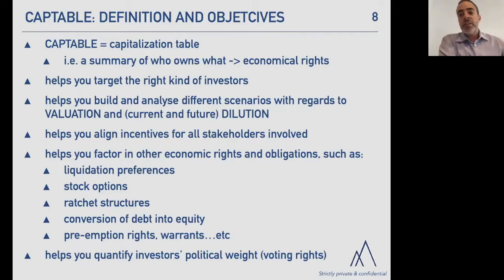And when you get new classes of shares from investors, from venture capital investors very specifically, they will demand certain rights. They will ask you: I want liquidation preference, I want preemption rights, and I also want to have veto power over certain decisions.